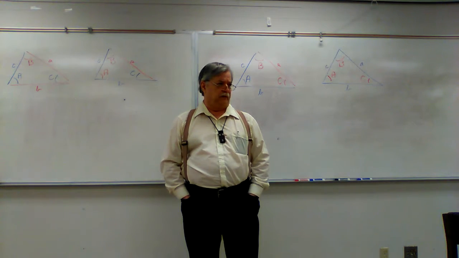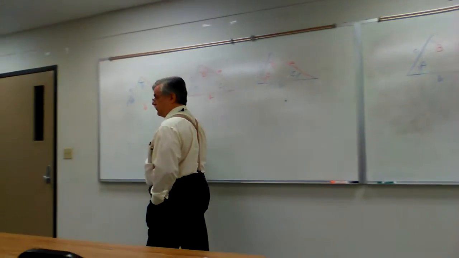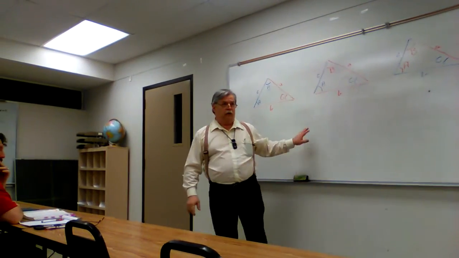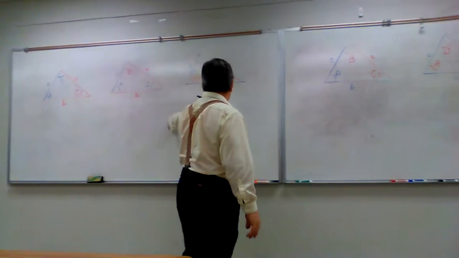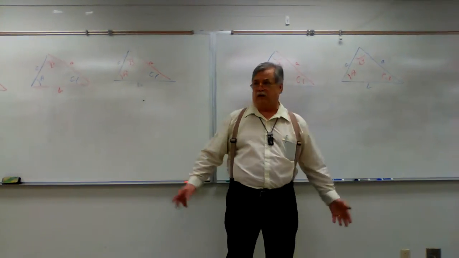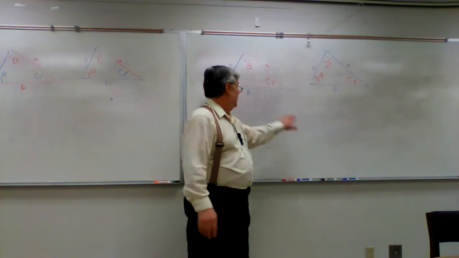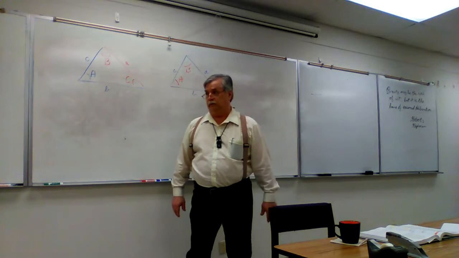The bottom line is, in these 3 cases, we're going to use the law of sines to solve these triangles, figure out the lengths of all the sides and all the angles. In these two cases, we're going to have to use the law of cosines.